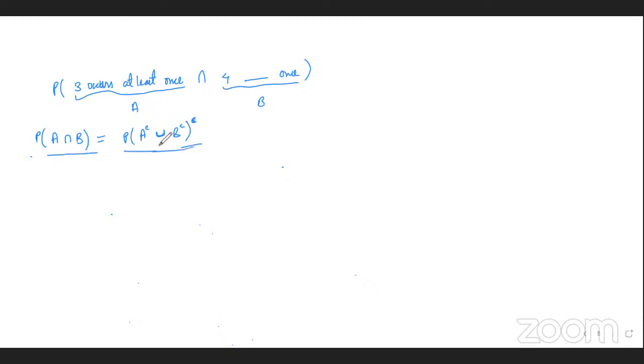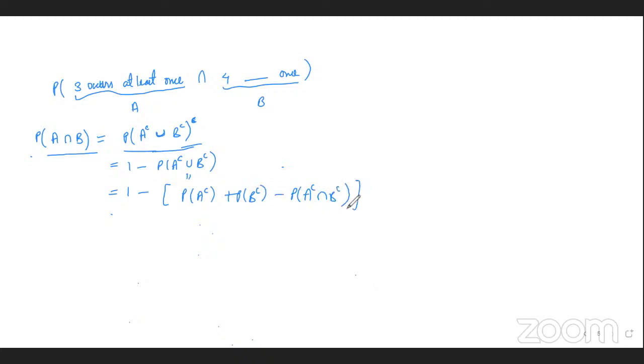And we can write it as 1 minus probability of A complement union B complement. Now we have to find this. So what is this? This is 1 minus probability of A complement plus probability of B complement minus probability of A complement intersection B complement.